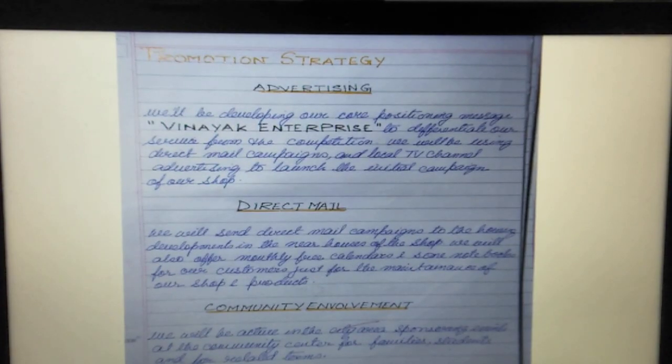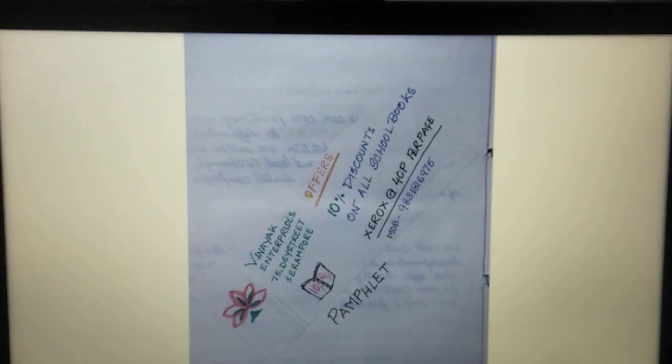Next it says the promotion strategy, that is, how the products will be promoted in the market, it is discussed here. First is the advertising. In case of the advertising, what are the different ways the product will be advertised is discussed here. Then comes the direct mail strategy, then the community involvement, then the picture of the pamphlet.